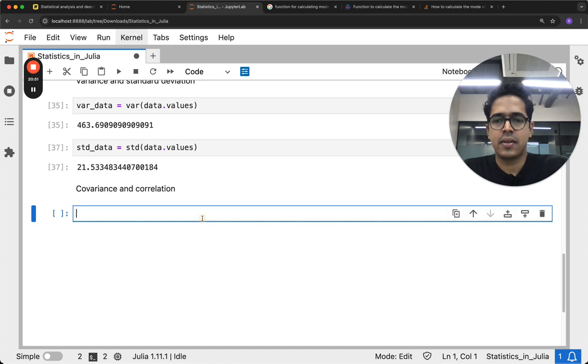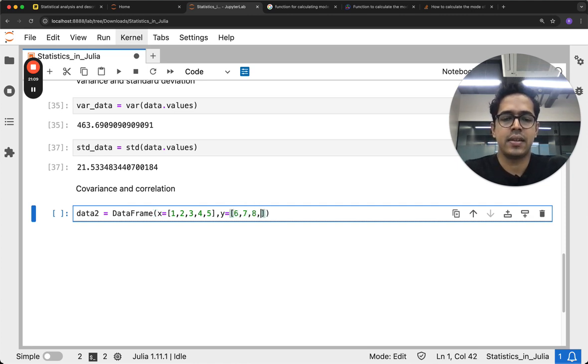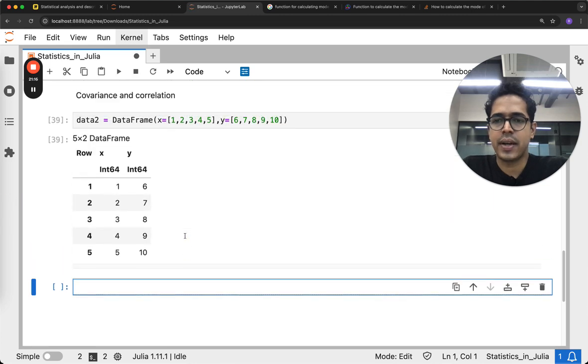And we can define data 2 equal to data frame of x equal to 1, 2, 3, 4, 5 and y equal to 6, 7, 8, 9, 10. Okay, so data set is defined.